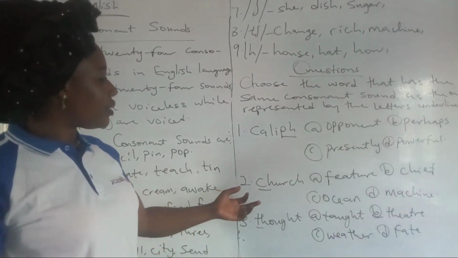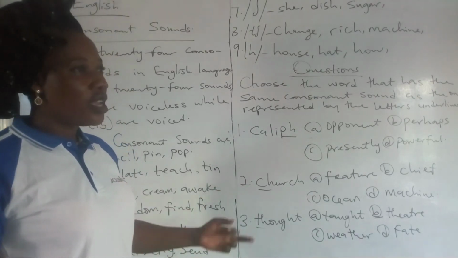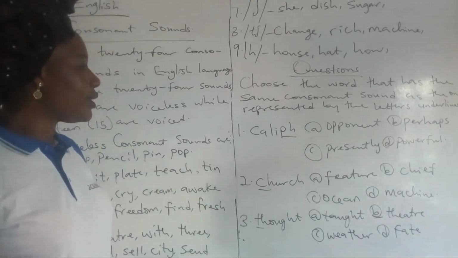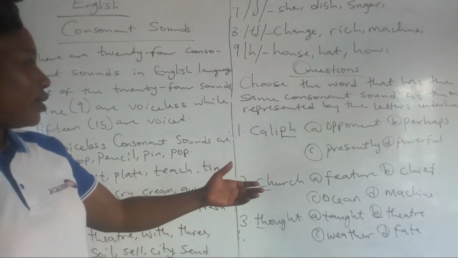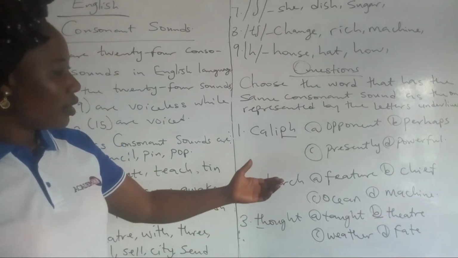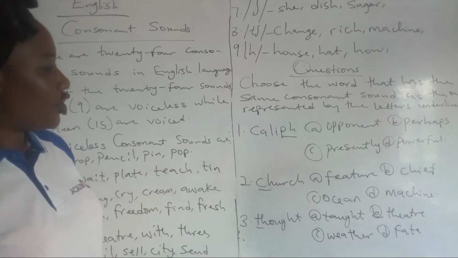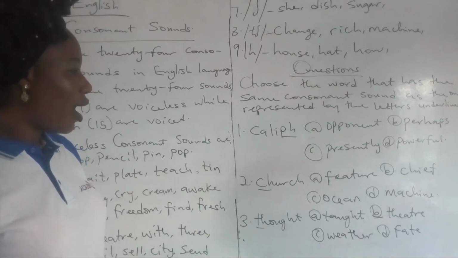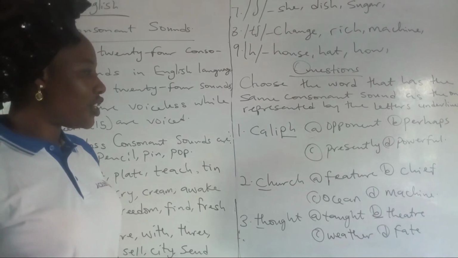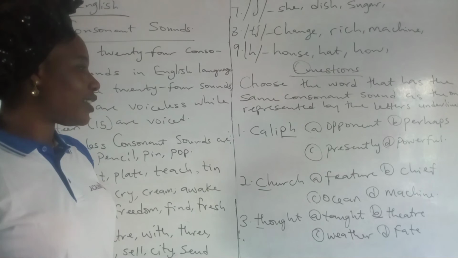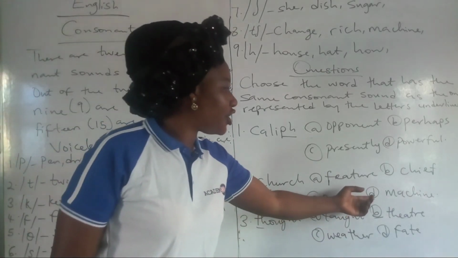The next one is church. Church, with CH being our underlined letters, and we are looking for a word that has the same sound as sh. Number one, we have feature, chief, portion, machine. Machine, church. That sh sound, you can see it is present in the word machine.